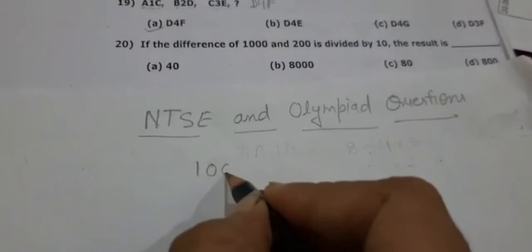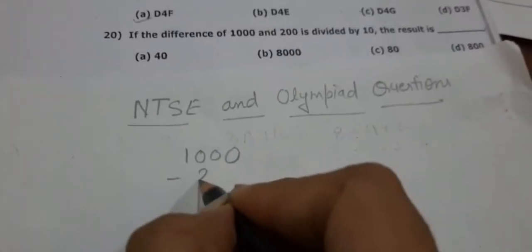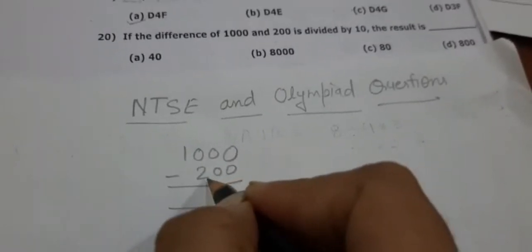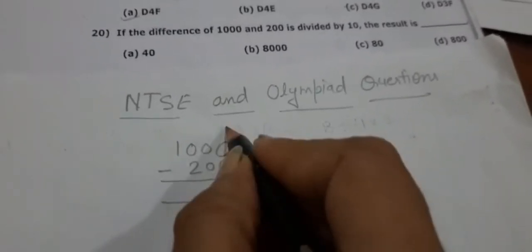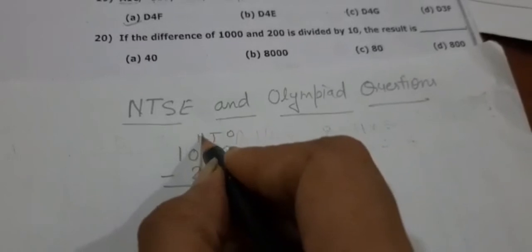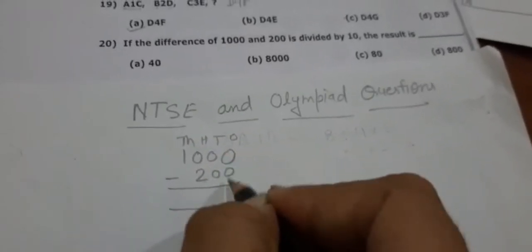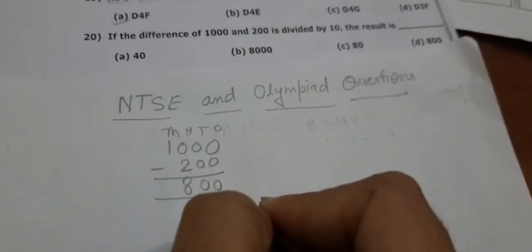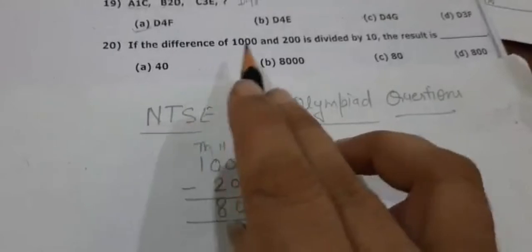I am writing here 1000 minus 200. Children, look carefully that I have written 200 at the correct place. Ones, tens, hundreds and thousands. So 2 I have written at the hundreds place. Now when we subtract, it is very simple. We will get 800. So the difference of 1000 and 200 is 800.